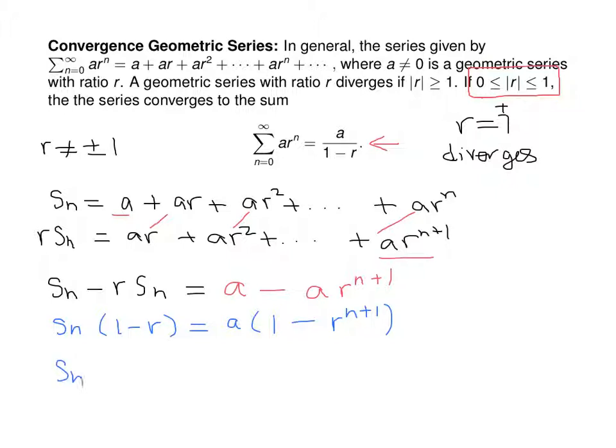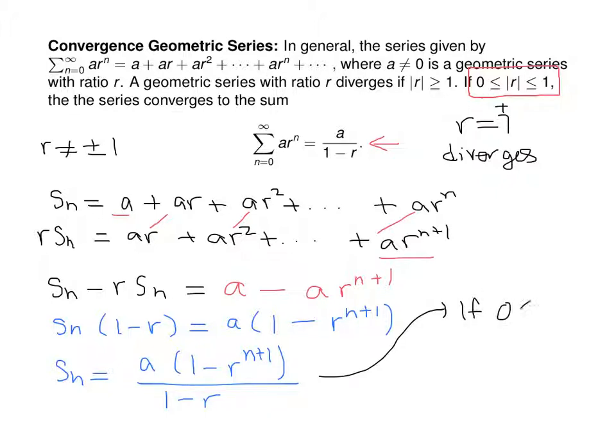So s sub n, the partial sum, is given by a times 1 minus r to the n plus 1 over 1 minus r. And what we now know is that if your r, when it's absolute valued, is in between 0 and 1, then r to the n is going to go to 0.